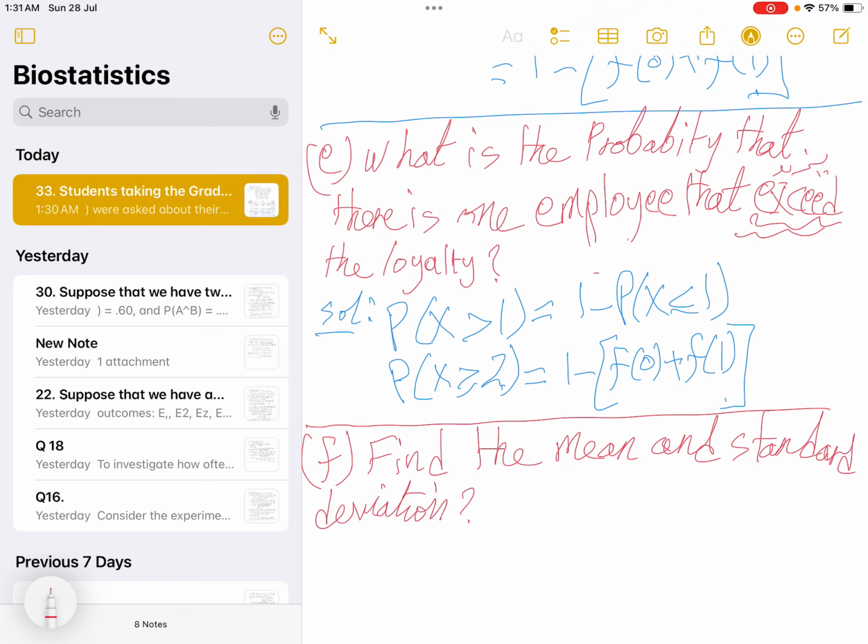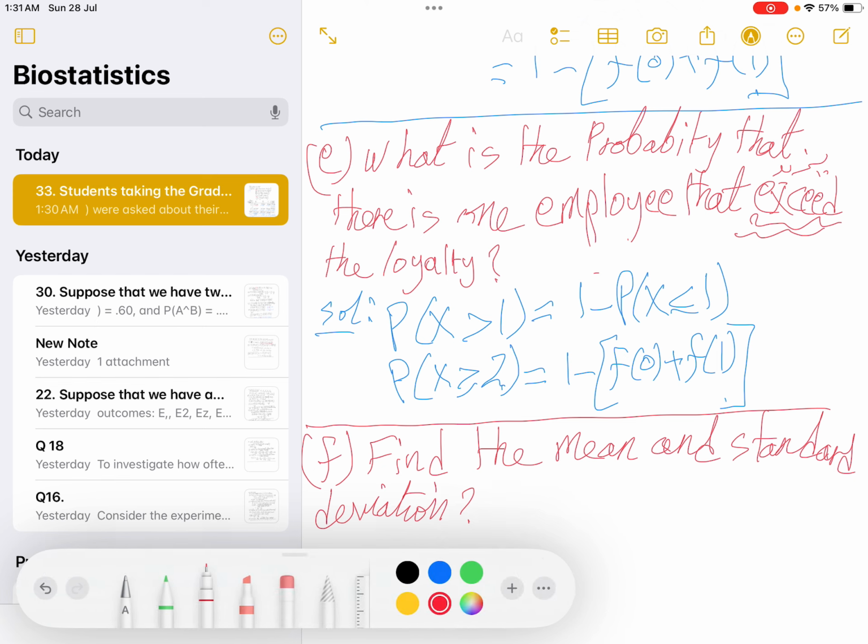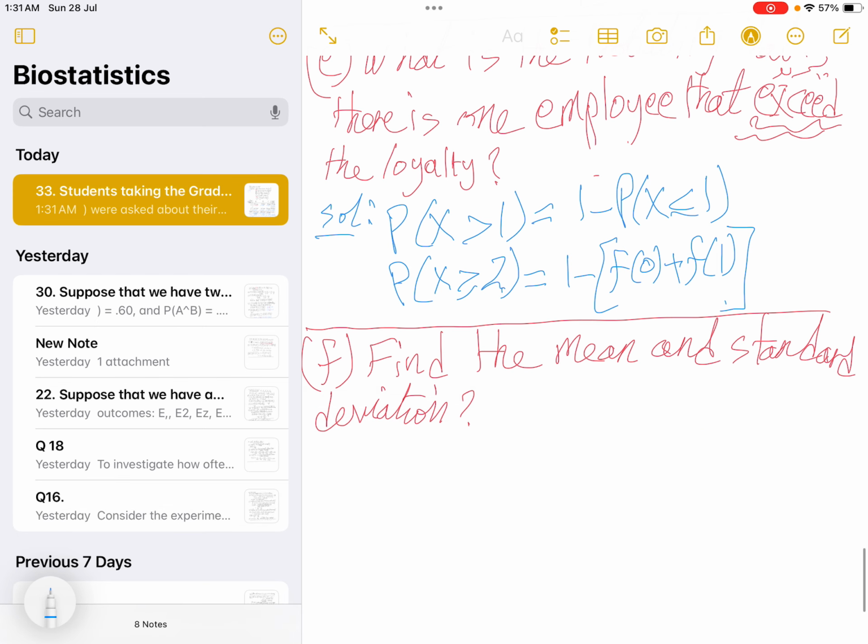I will find here mu equals n times p, which is 10 multiplied by 25%. You will have 2.5.